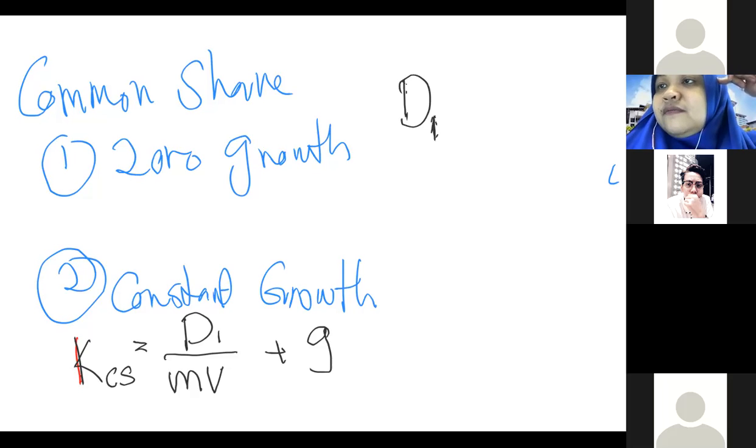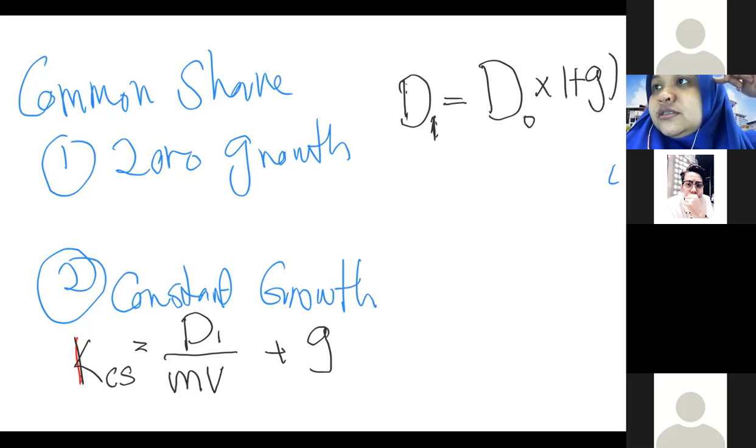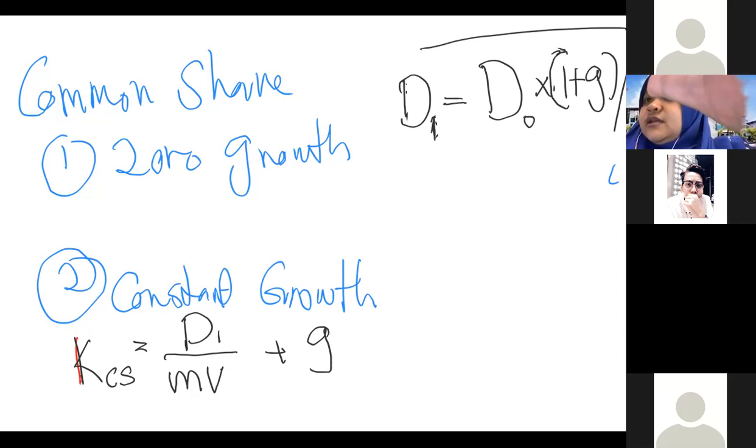How to calculate dividend at year one? Dividend of this year times 1 plus g. This is how to calculate dividend at year one.